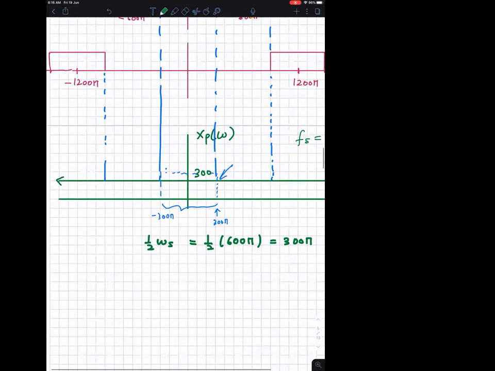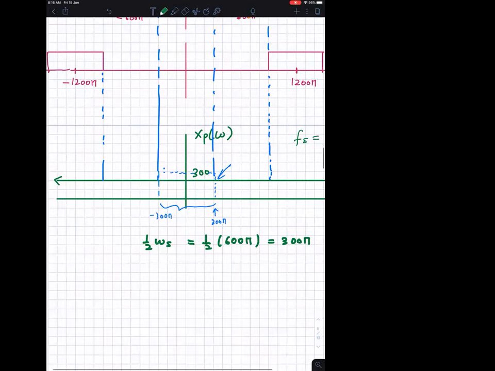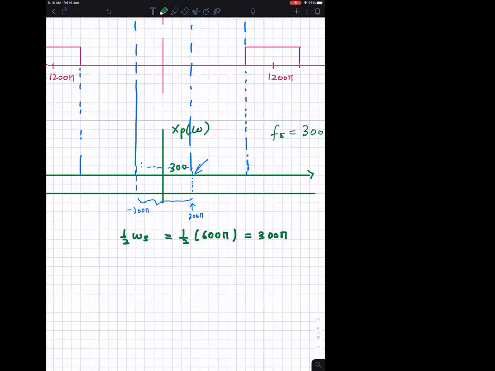Same filter, gain 1. Now the cutoff frequency is 300 pi, which is half the sampling frequency.